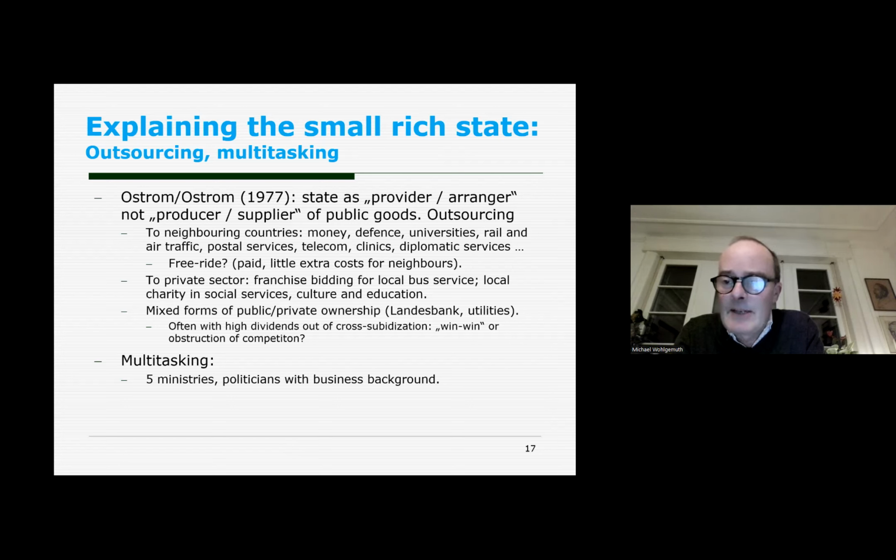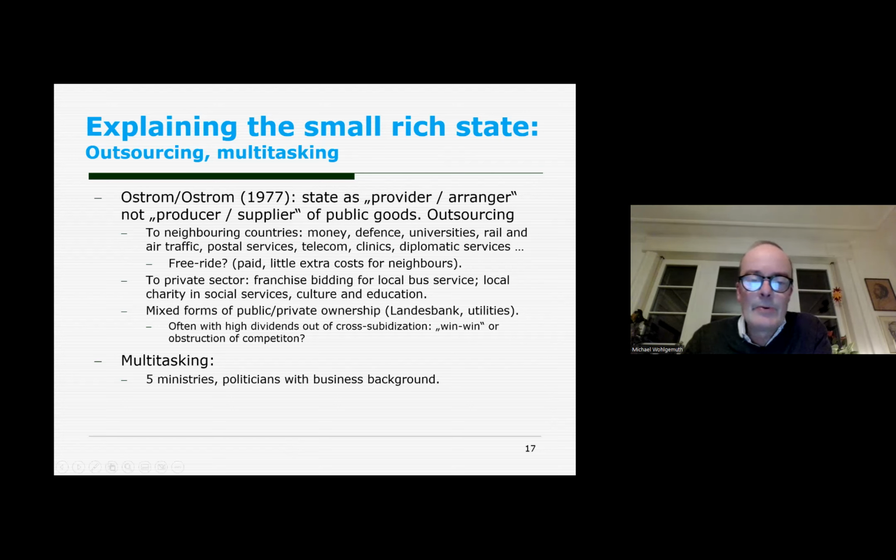But then at the same time, in a very small country where the relevant market is extremely small, especially when it comes to public services, it is very difficult to avoid natural monopolies, right? And therefore, I would argue that more franchise bidding of natural monopoly should be recommended.